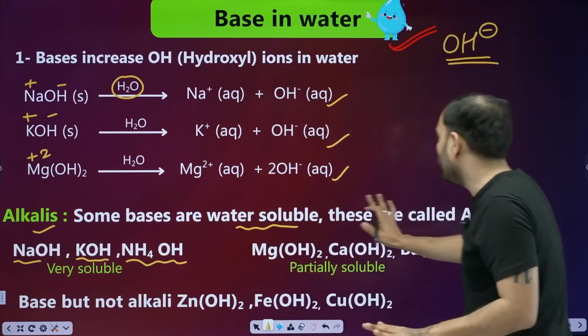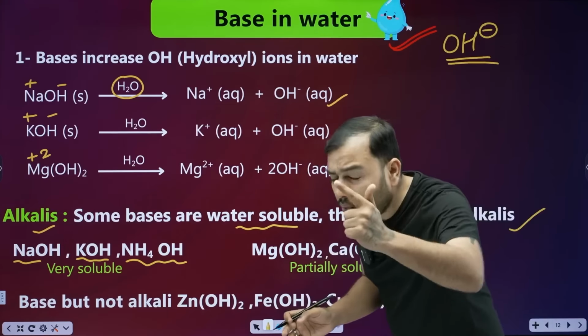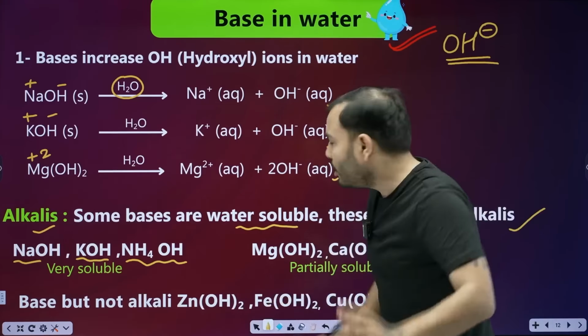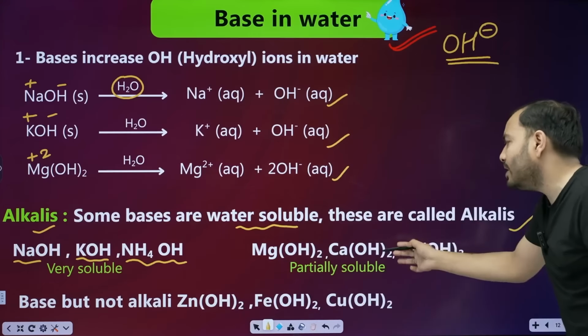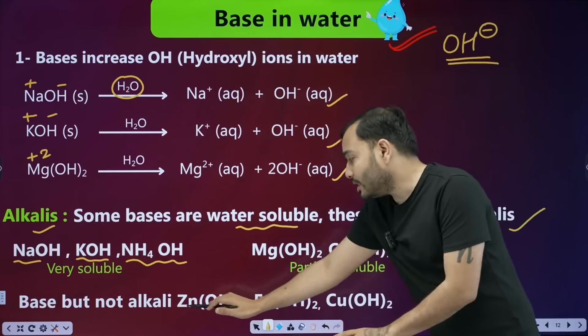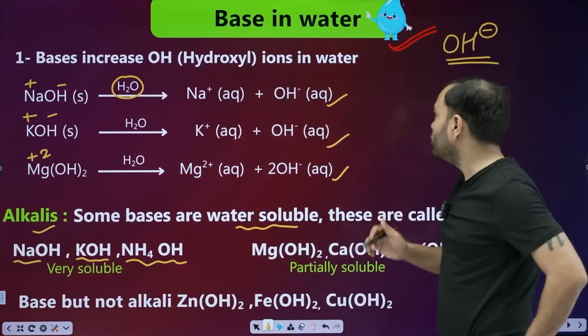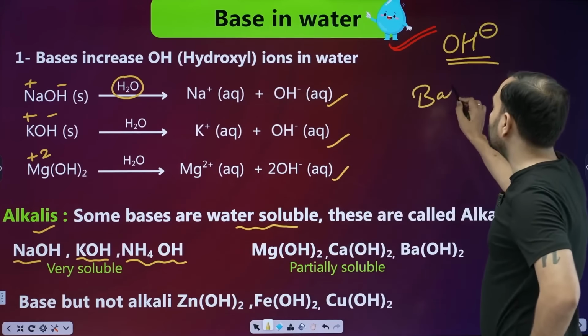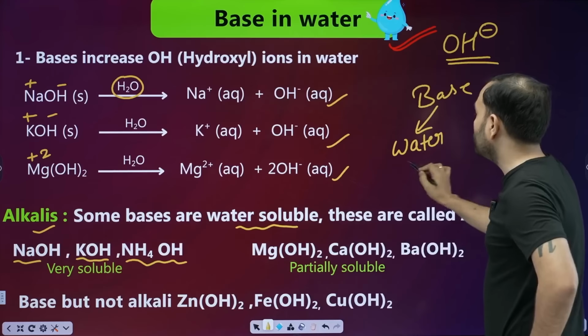There are others which are only a little soluble: Mg(OH) whole twice, calcium hydroxide, barium hydroxide. Those are bases but not alkalis. Listen carefully. Bases are of 2 types. One that are soluble in water.